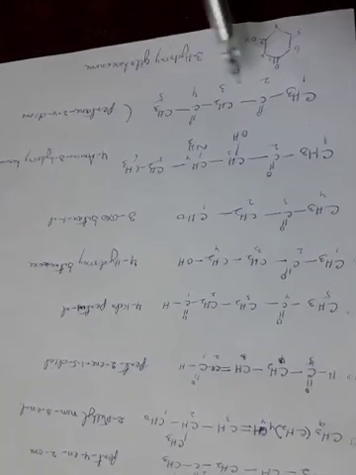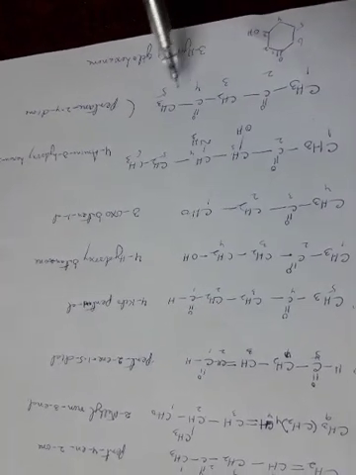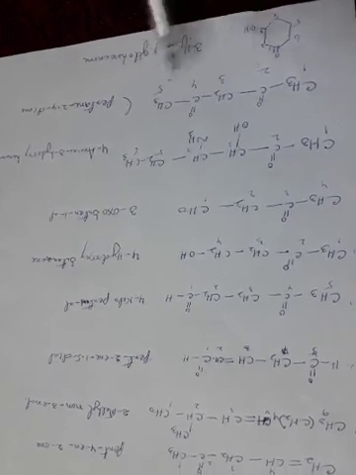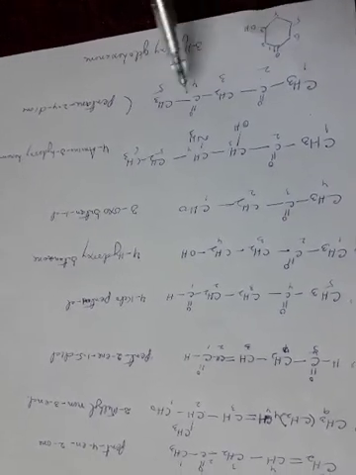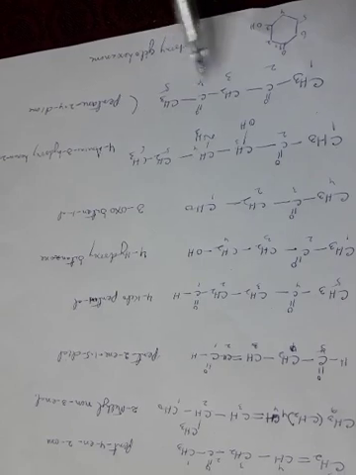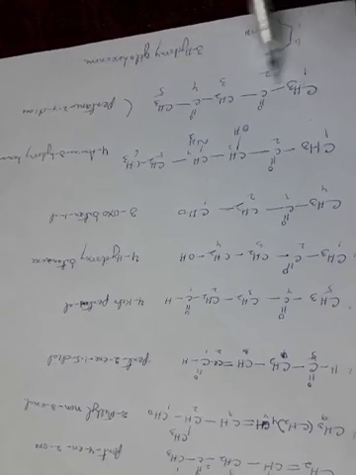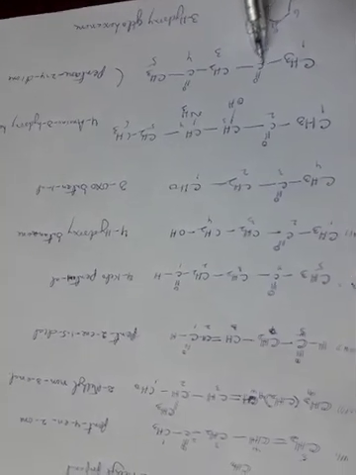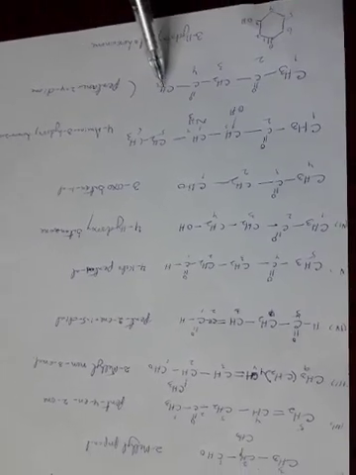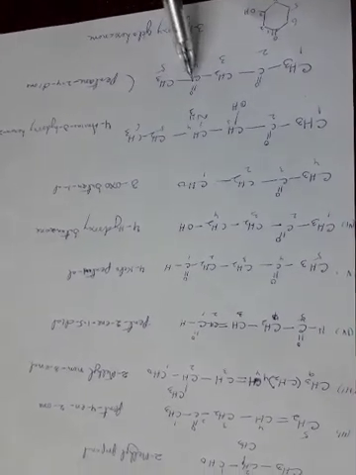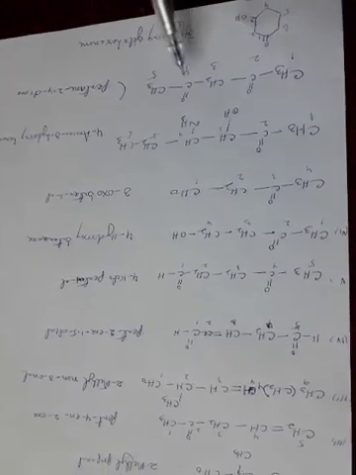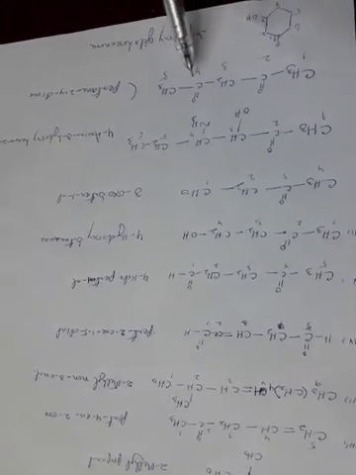Again, you can see here another compound where I have shown two ketonic groups. If we number it from this side, then this ketonic group gets the position number 2, and if we number it from this side, then this carbon atom bearing this group gets the number 2.